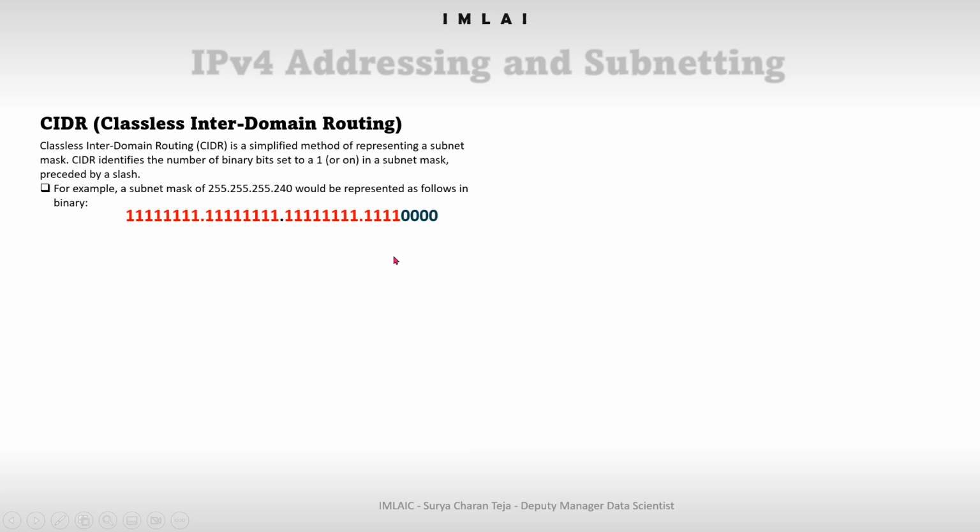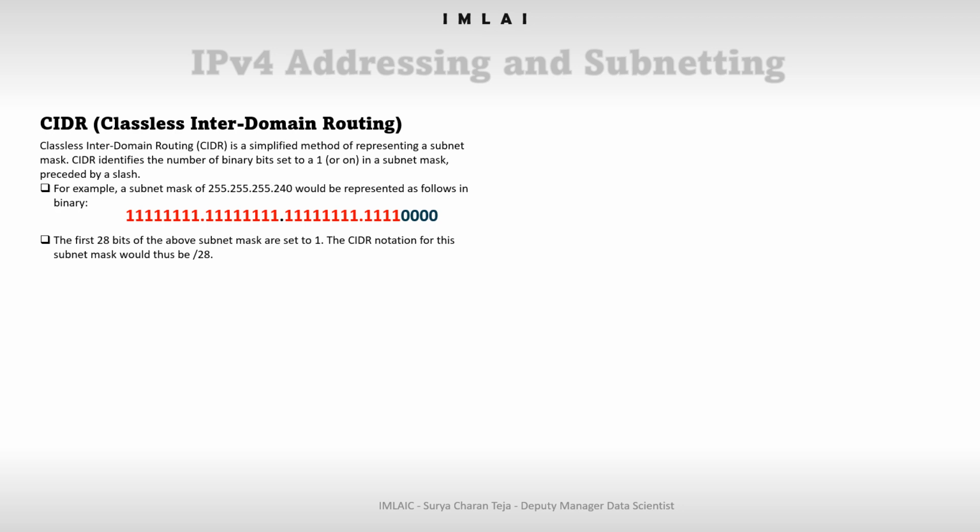So the first 28 bits of the above subnet mask are set to 1. The CIDR notation for this subnet mask would thus be just forward slash 28. That's it. This is what we call a CIDR notation.